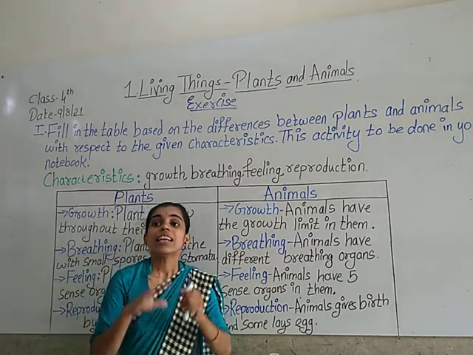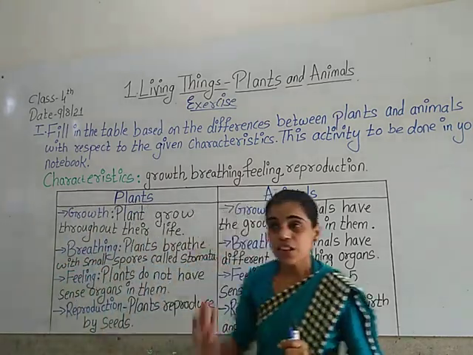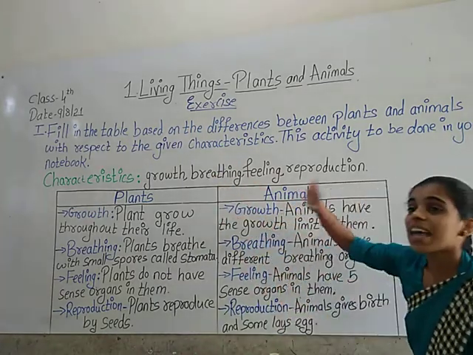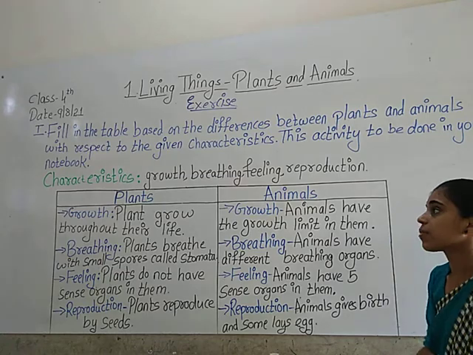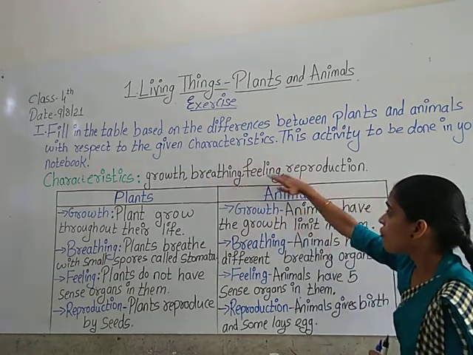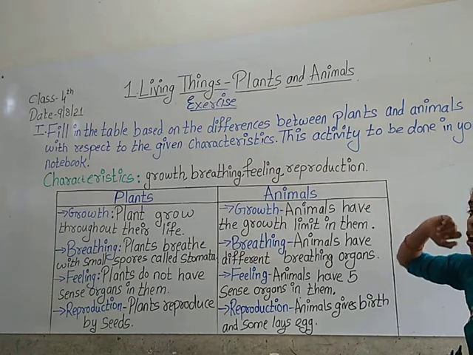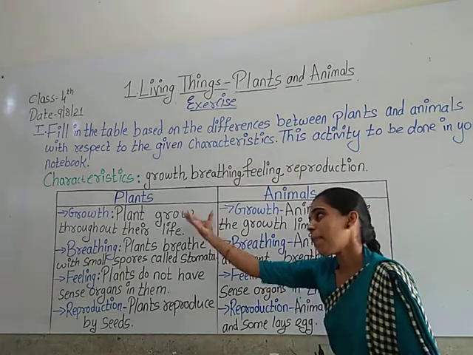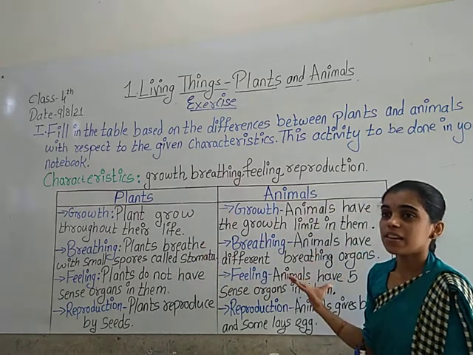So children, these are the different characteristics of plants and animals. Growth, breathing, feeding, reproduction are the common characteristics in plants and animals.